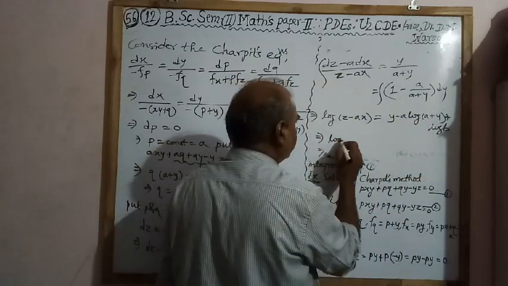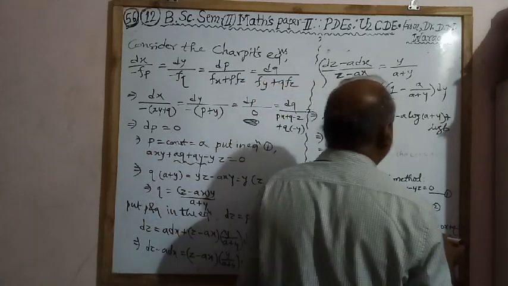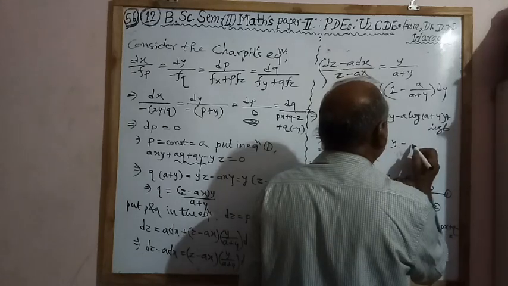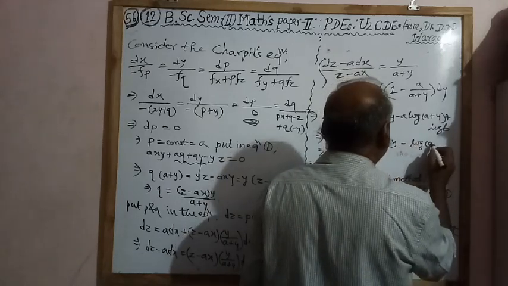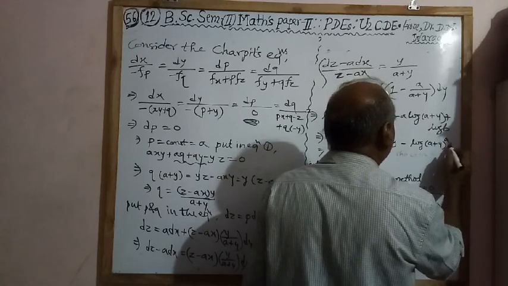Therefore log of z minus ax equal to y minus log of a plus y to the power a plus log b.